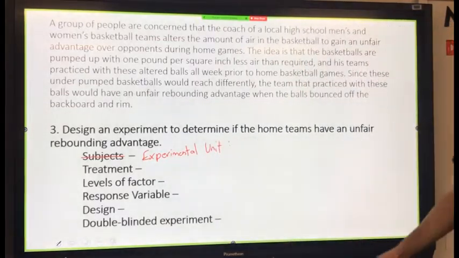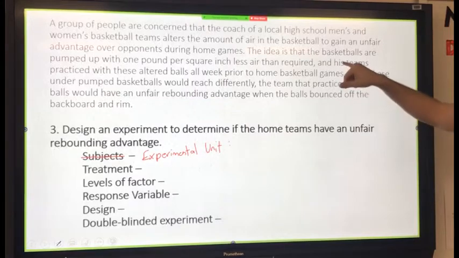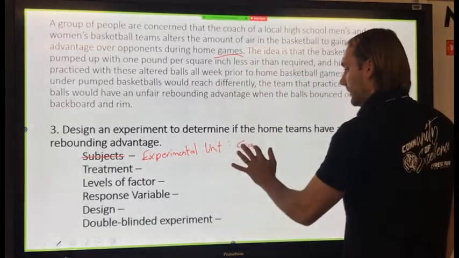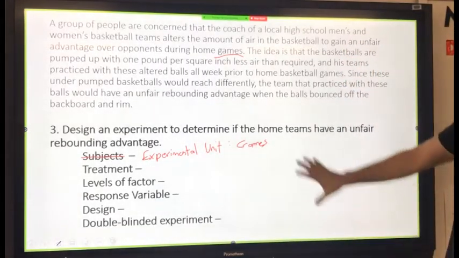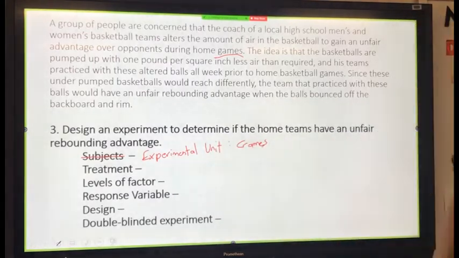What am I using to get data? The basketball games, right? So we'll just put the games. Because if I'm using a retrospective study, I'm looking at previous games' data.